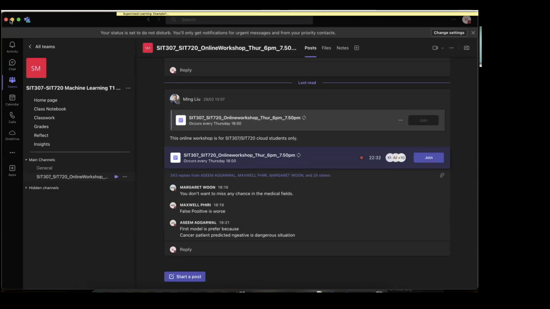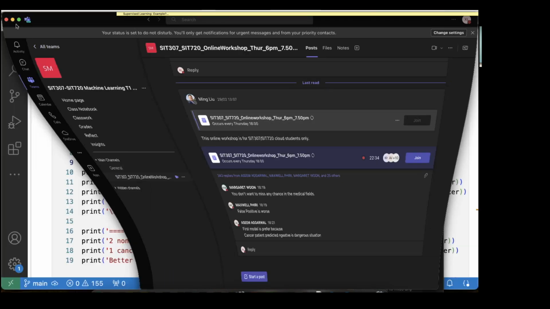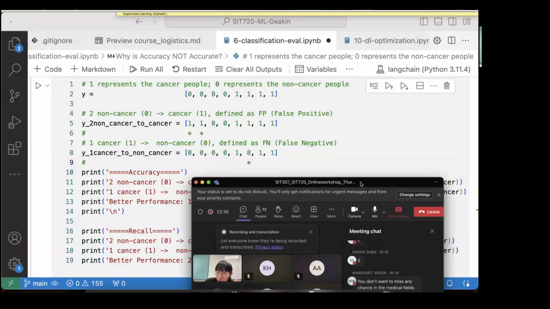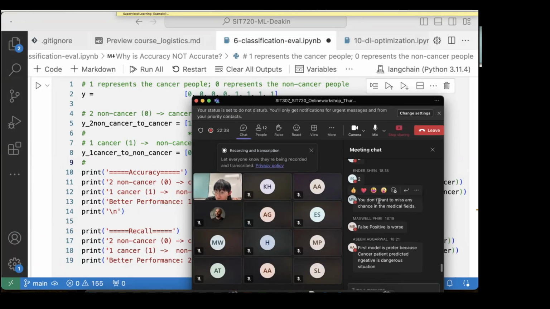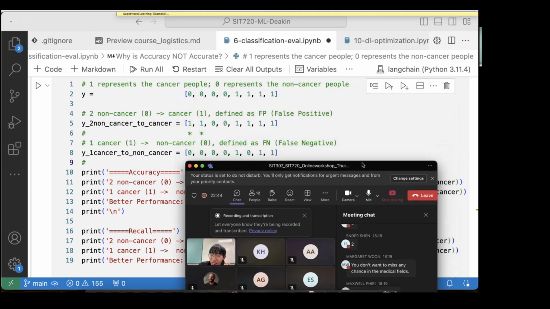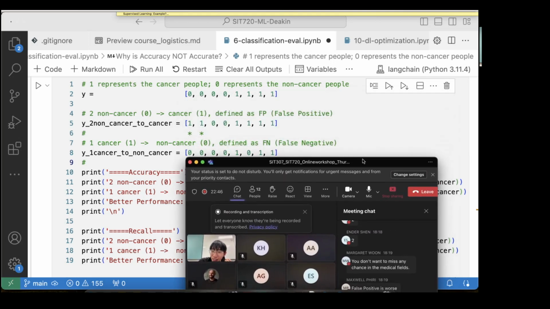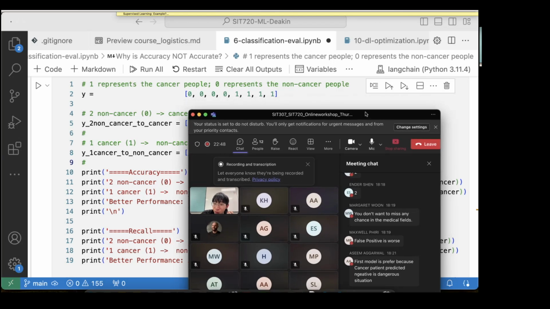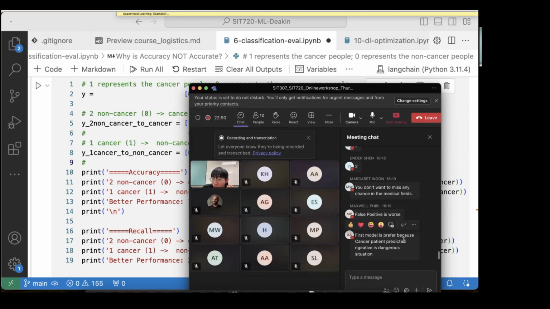So now go back to your comment. What you said, false positive is worse. Actually, I think you want to say the false negative is worse rather than false positive in this scenario. But in some other scenarios, false positive is worse.